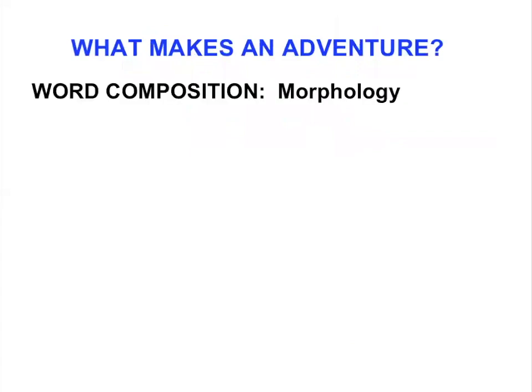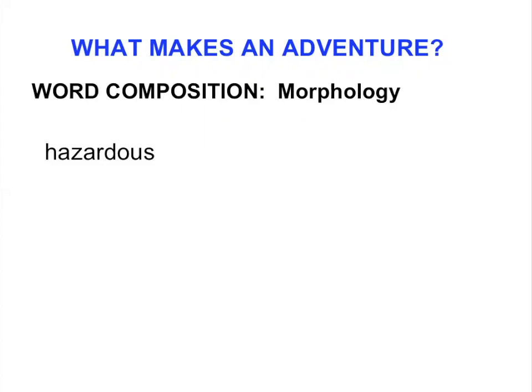Let's look at some morphology to help us gain a deeper understanding of our text. I love how morphology helps me understand the more academic words in complex texts. First, let's look at the word hazardous. This word comes from our definition of adventure.